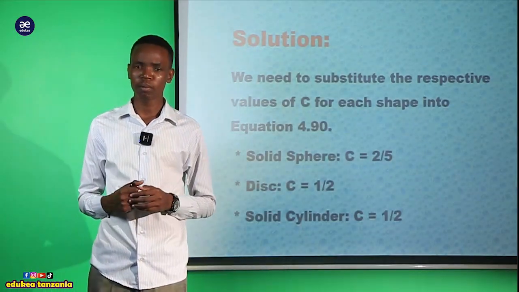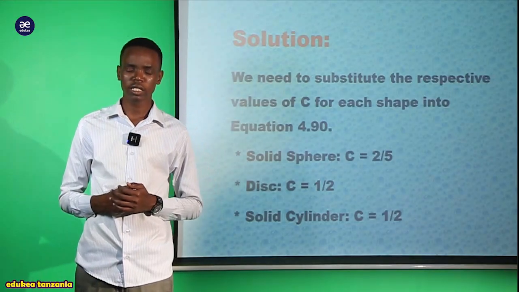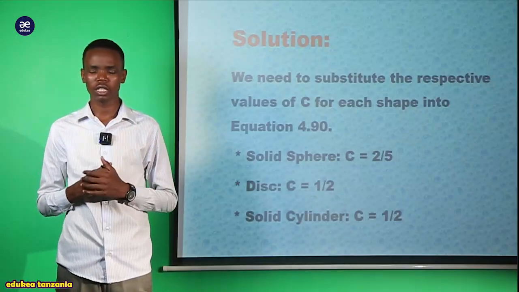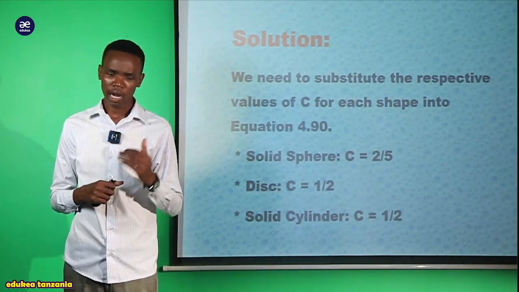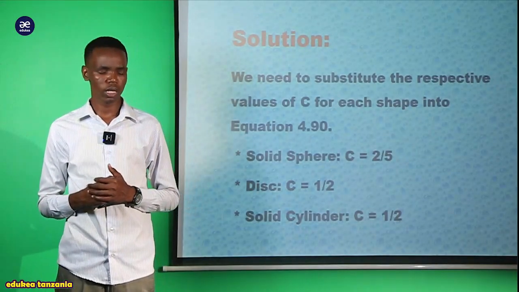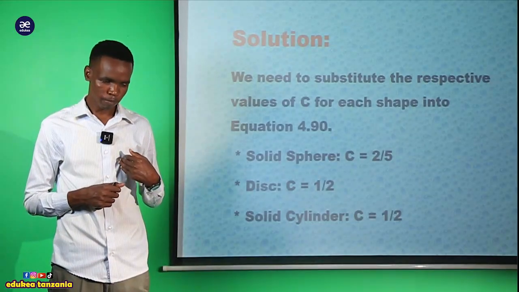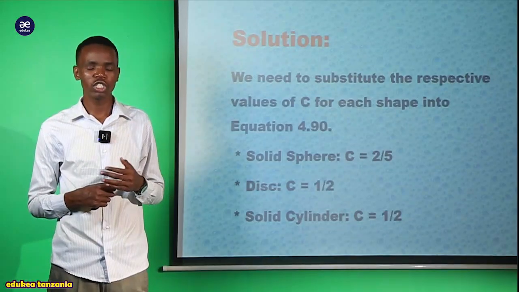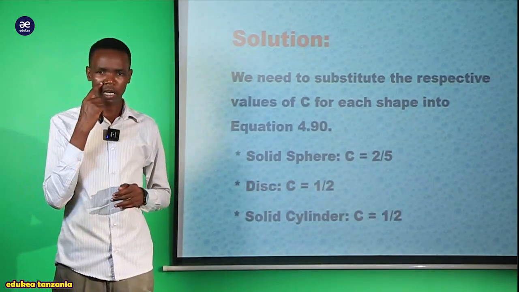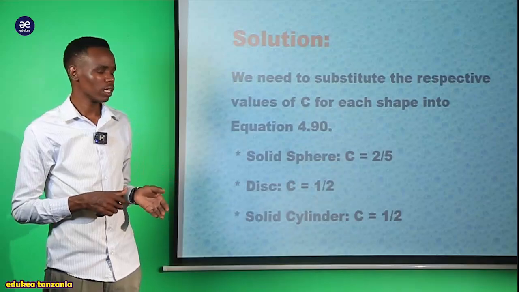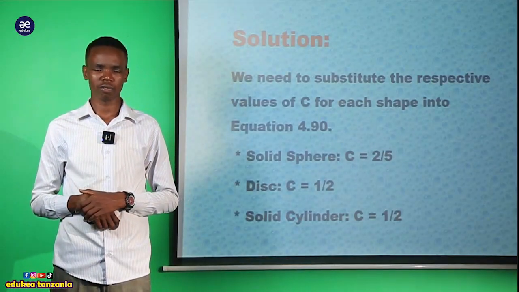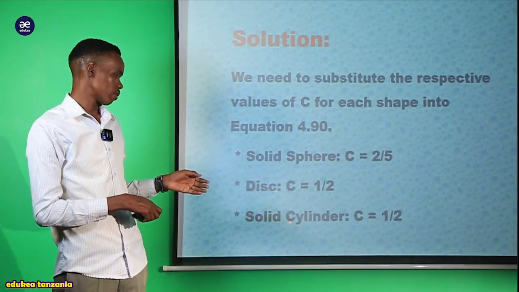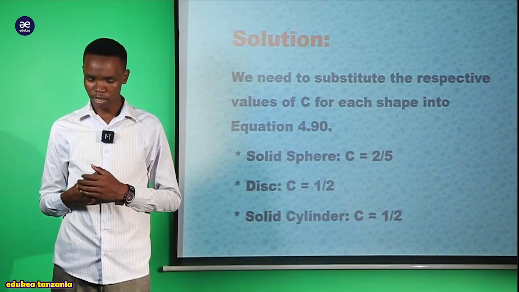First of all, we are supposed to know the dimensionless coefficient of each body. In the previous period, we saw that the dimensionless coefficient c of the solid sphere is equal to 2 divided by 5, while for the disk it is a half, and finally for the solid cylinder it is a half.